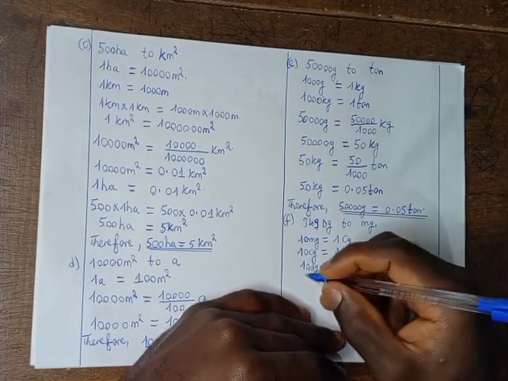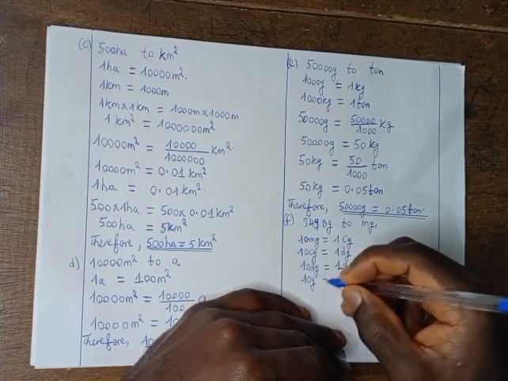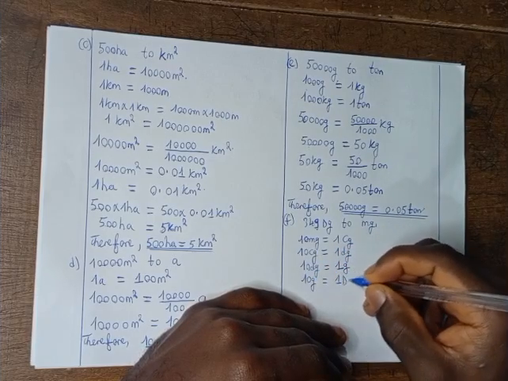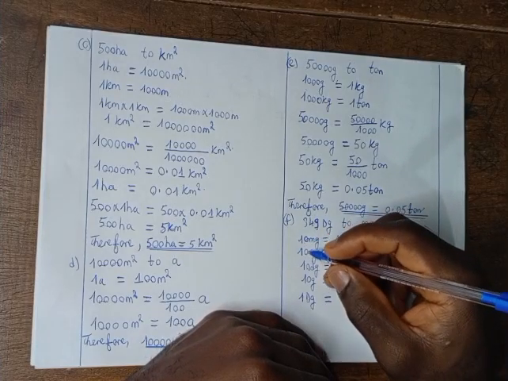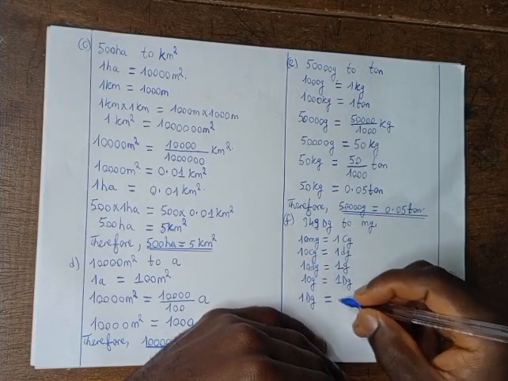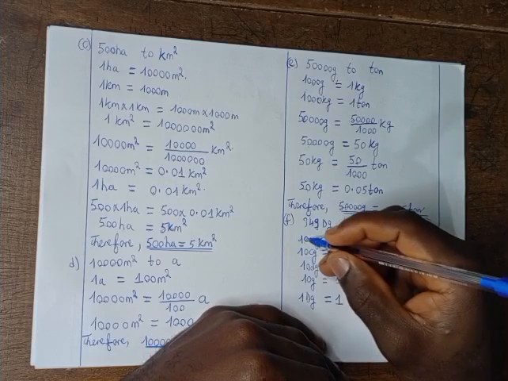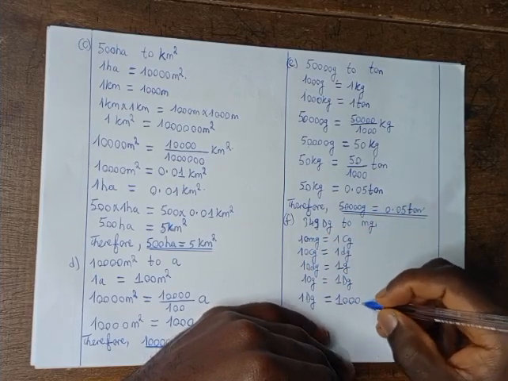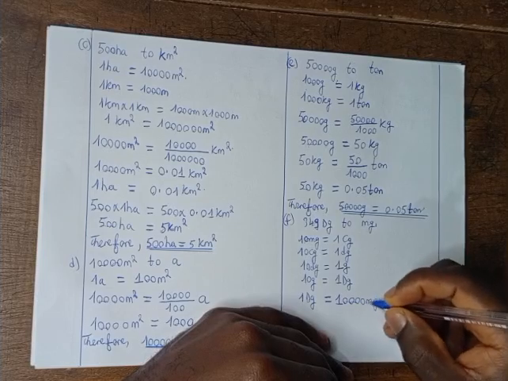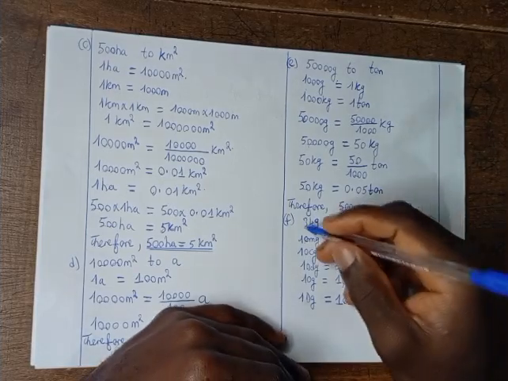Next, we know that 10 grams is equal to 1 decagram. 1 decagram will be equal to 10 times 10 times 10 times 10, which gives us 1 with 4 zeros, 10,000 milligrams.